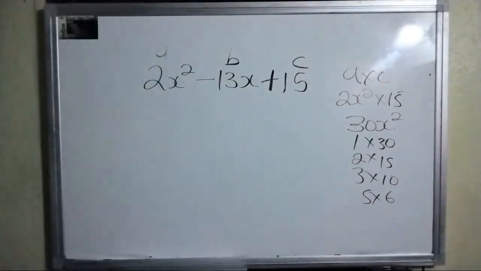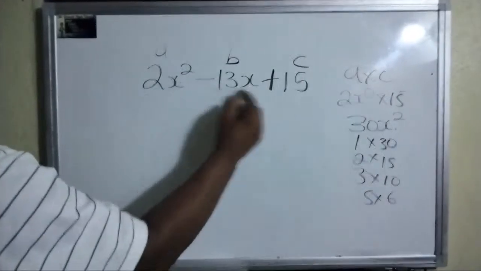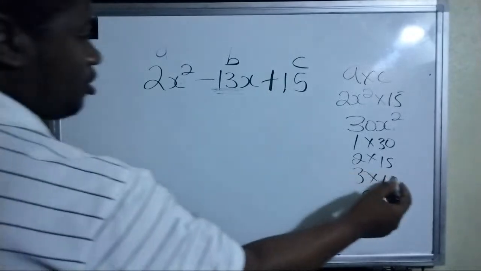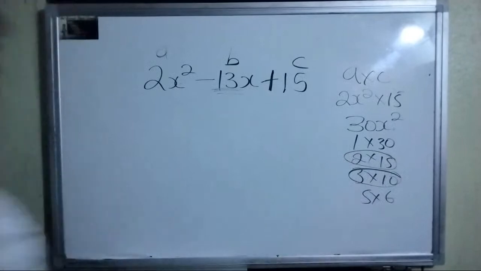And then now we need to figure out which of them can give us 13. But we must get negative 13. So let me just point it out. Why can't it be one of them? It can only be one of them.